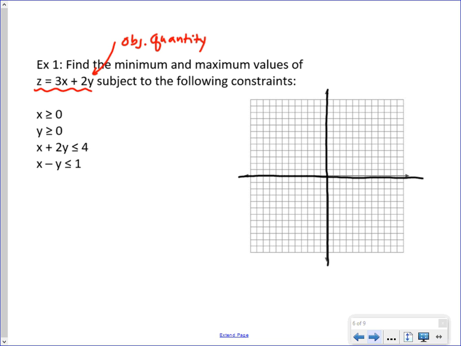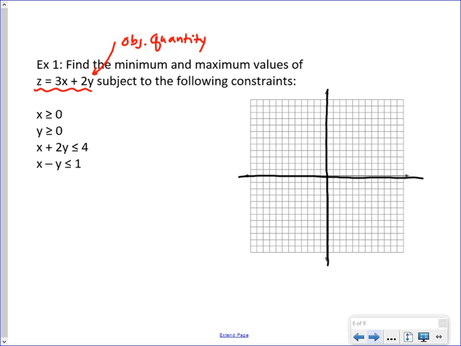Which one of the quadrants is now shaded for both? Quadrant 1. For x greater than 0, we would shade to the right. For y greater than 0, we would shade above. And so we're working only in quadrant 1. Okay, that's where our shaded area is going to be. We still have 2 more constraints to graph.